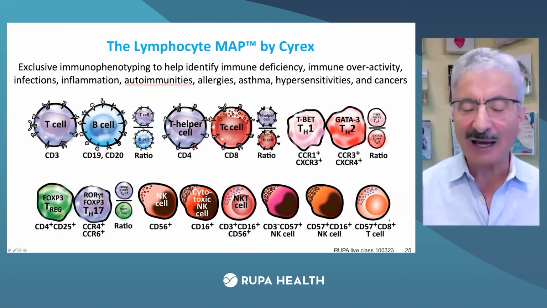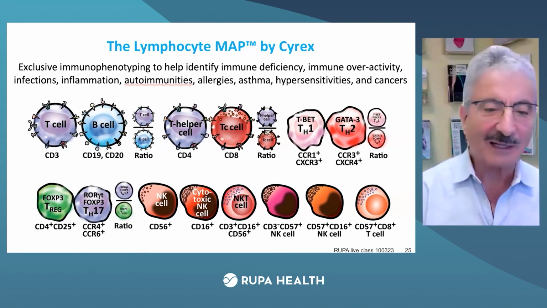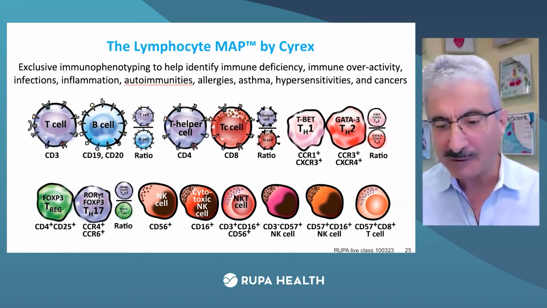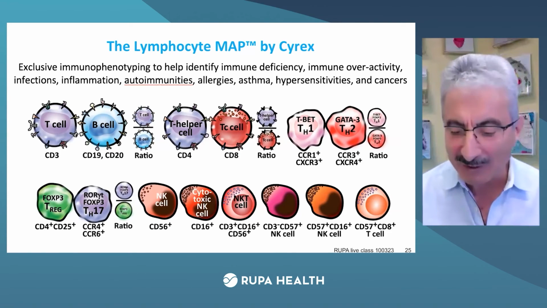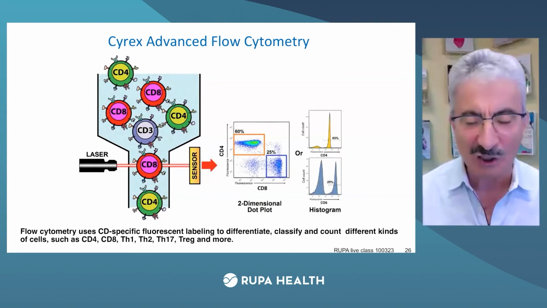So you see, at Cyrix, we are doing almost twice as much as what is done in other laboratories. And by the way, none of these could be replaced by looking at cytokine measurements.